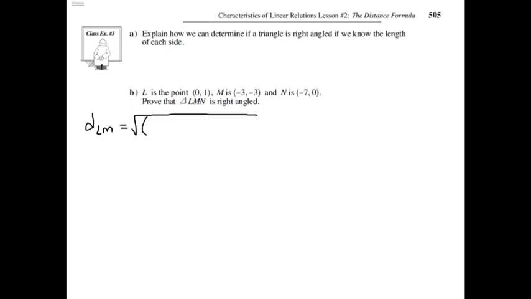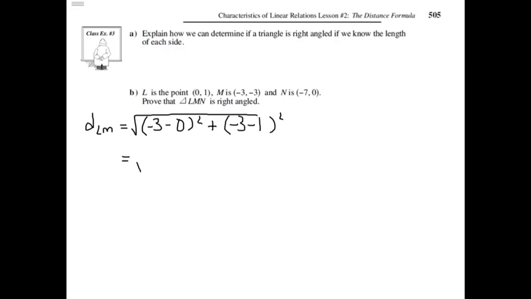First off, you're going to work with your x's, and then you're going to work with your y's. So with L and M, we're going to have -3 minus 0, squared. Those are the x's for both of those. Plus, we're going to work with the y's of both of those, and those are going to be squared as well. The y's are going to be -3 minus 1.